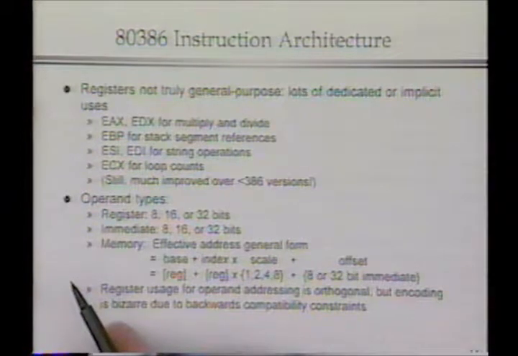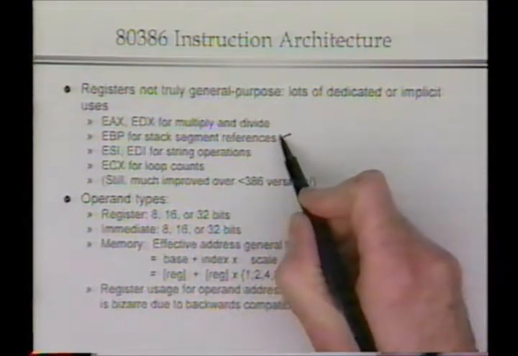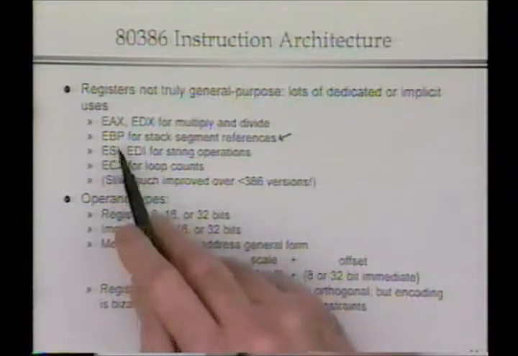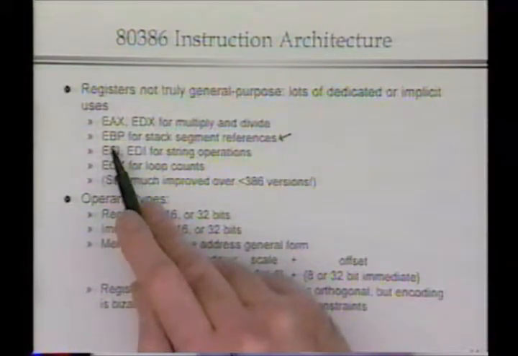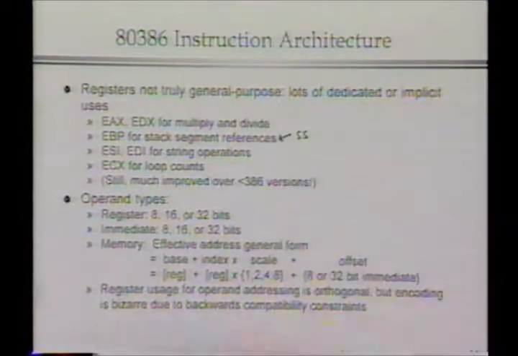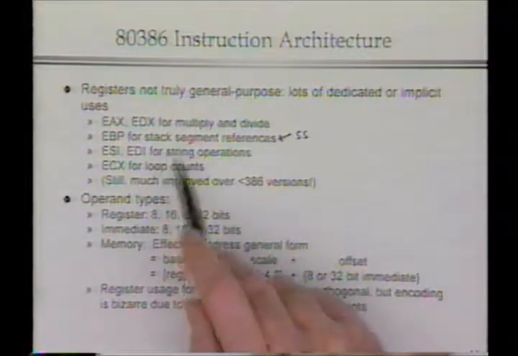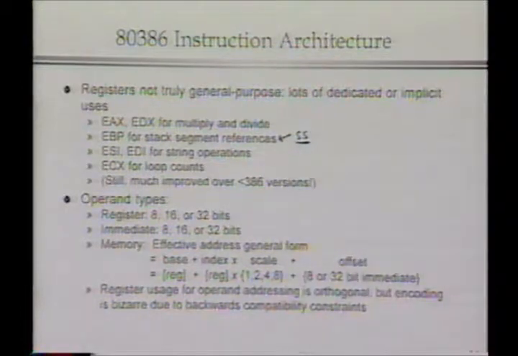Similarly, when you're using certain stack segment references, it implicitly uses EBP. It also, in fact, when you explicitly use EBP, uses the stack segment register instead of one of the data segment registers.